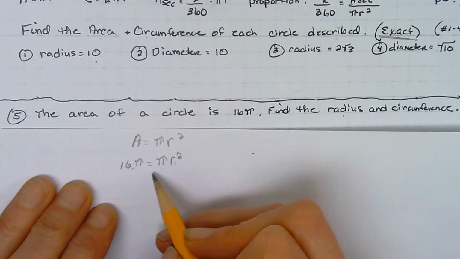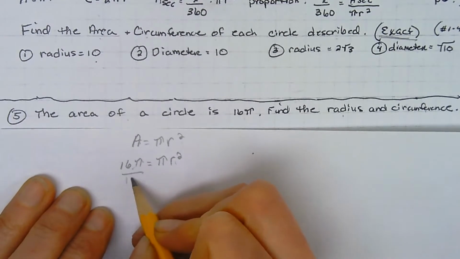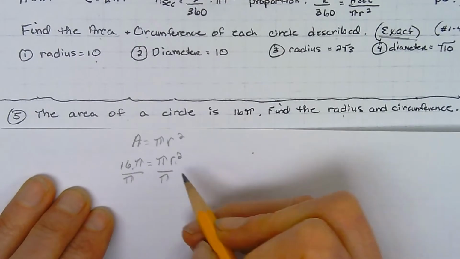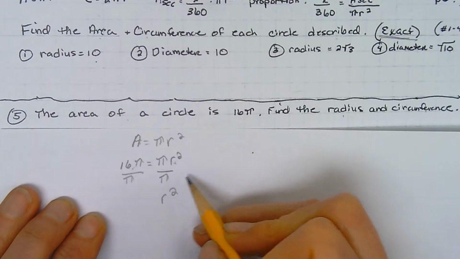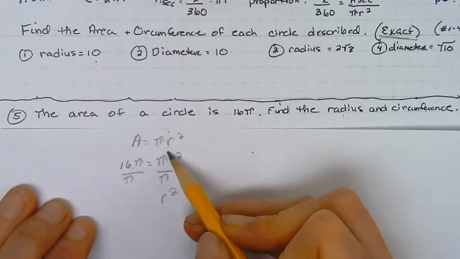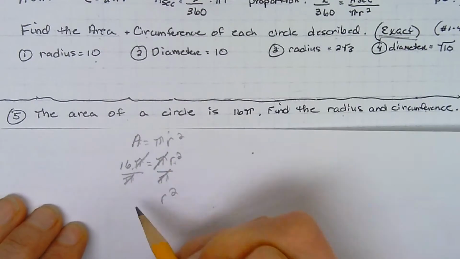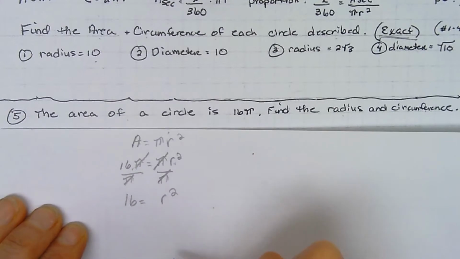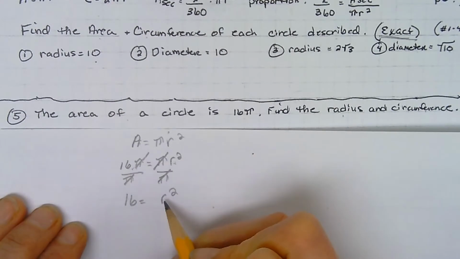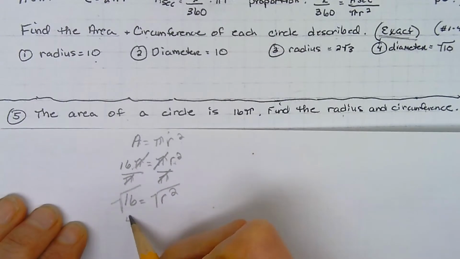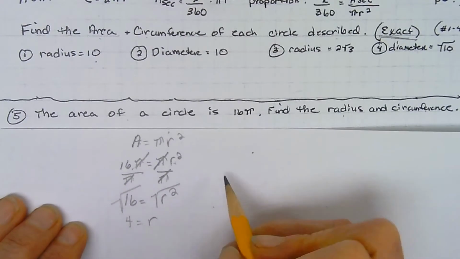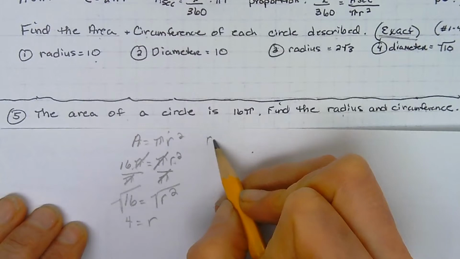I'm going to divide both sides by pi to get r squared by itself. I'm trying to get r isolated, trying to find the radius. So that cancels with that cancels with that, and we get 16 equals r squared. Well, to get r by itself, if it's squared, we take the square root of both sides, so we get 4 equals r. So the radius is 4.